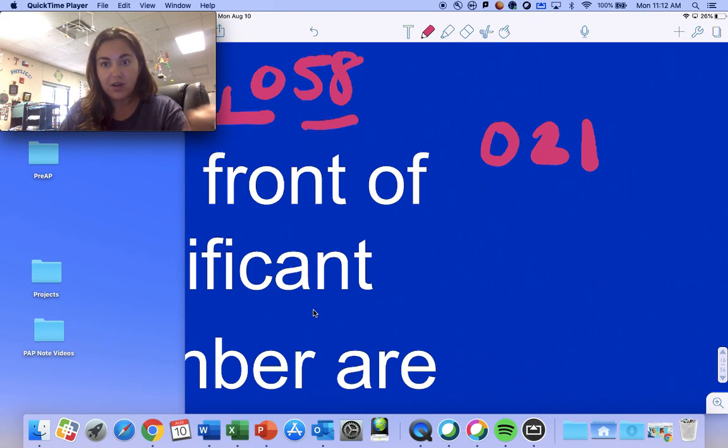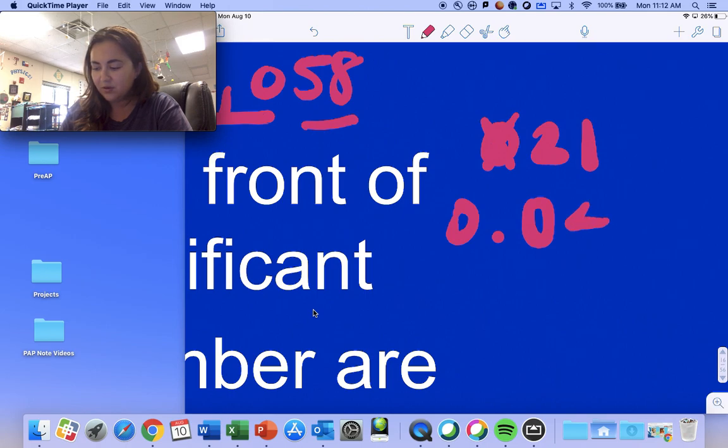But we don't often write it because it's not significant. So that would be an example of a leading zero. We don't use it very often, so let me use a more practical example. Let's say we have 0.04. This zero definitely is in front of the 4. So it's a leading zero, and leading zeros are never significant.